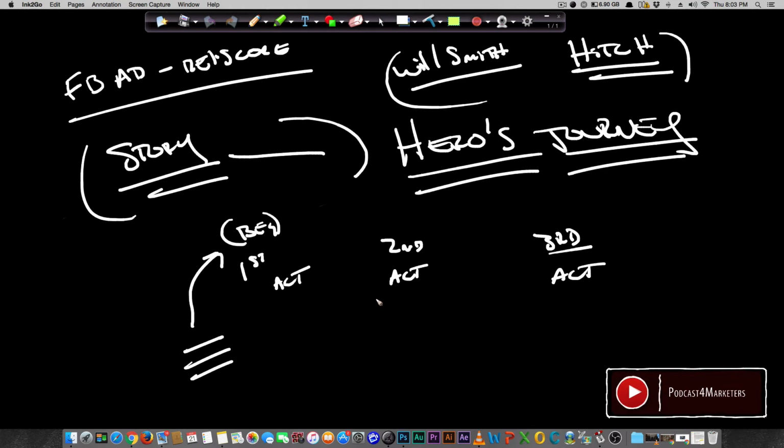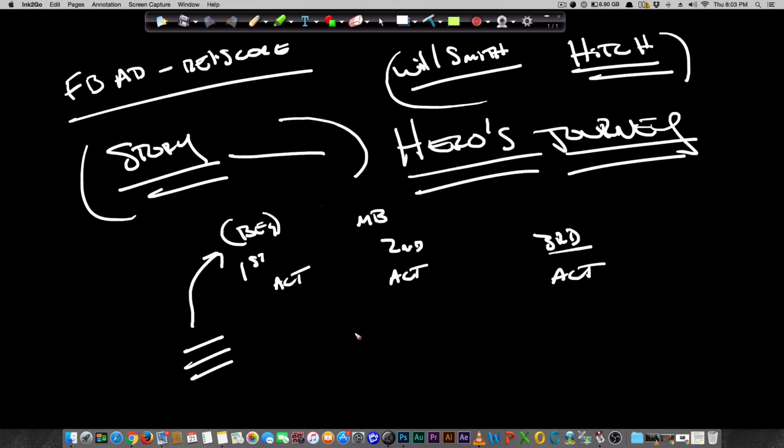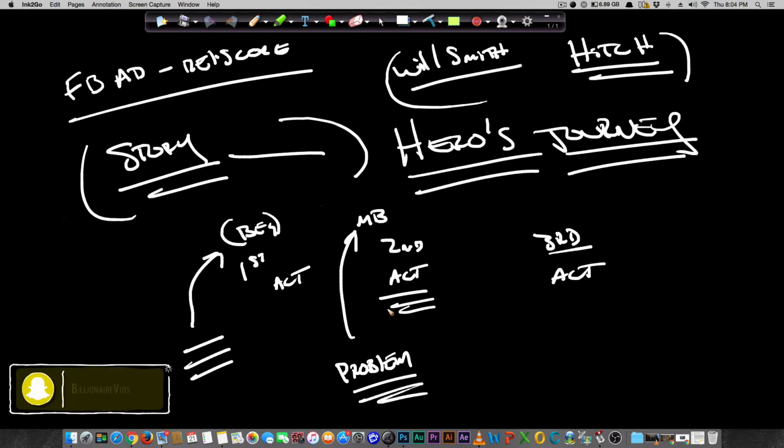The second act, always think about the second act as monkey business. This is where the hero's journey, we have the problem. Houston, we have a problem. This is where the monkey business is. So now the wife is angry because he was supposed to have showed up for a school function, and she's taking him to court, and she's going to stop him from seeing his child.